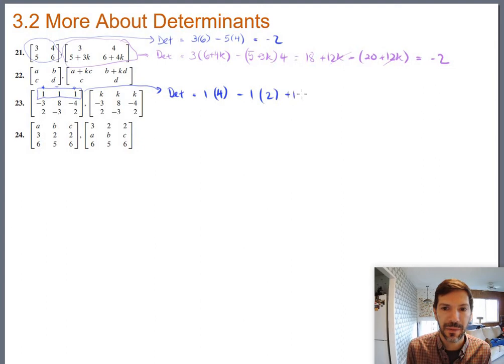And then plus 1 times 9 minus 16, so negative 7. So that ends up being what? 4 minus 2 is 2, minus 7 is negative 5.